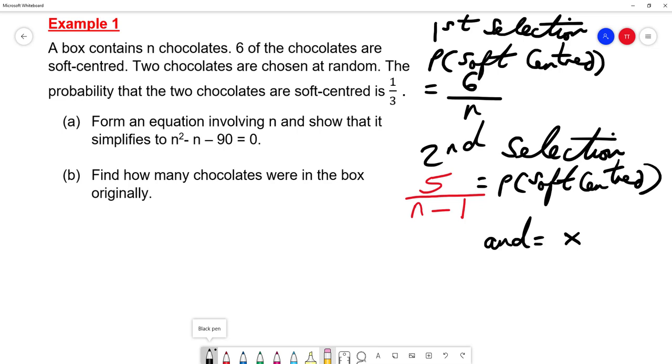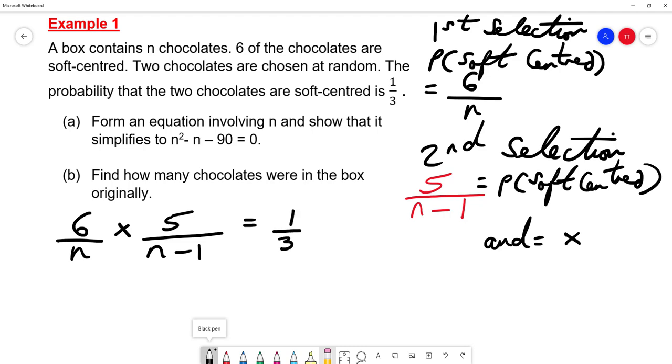So the probability of me choosing a soft-scented chocolate for the first selection is 6 out of n, and, which is times, the probability of me choosing a soft-scented chocolate again for the second time is 5 out of n minus 1. Now they've told us that the probability of both chocolates being soft-scented is a third. So this will be equal to a third.